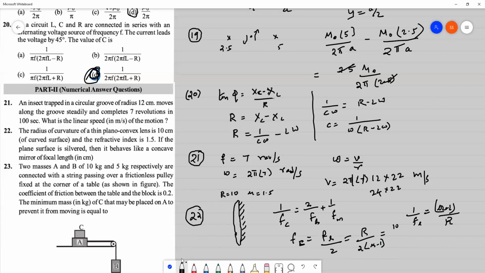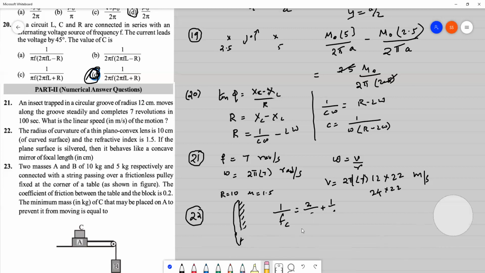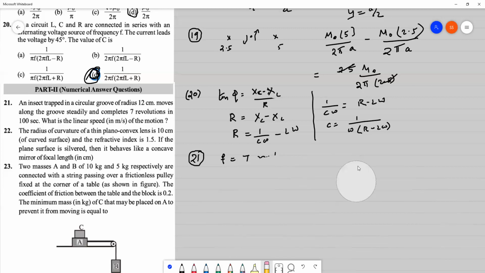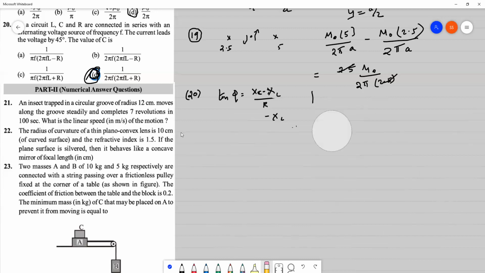Next, the 23rd question. Two blocks A and B of 10 kg and 5 kg respectively, as shown in the figure.